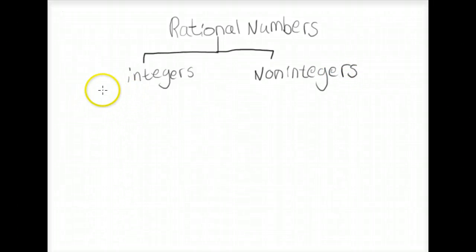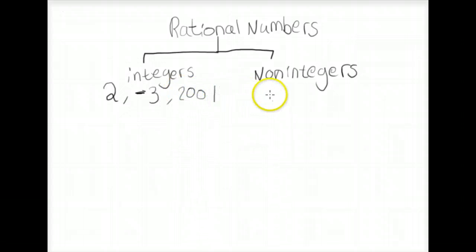An example of a couple integers, I'm sure you're familiar with this, but just any whole number, 2, -3, 2001, and so on. Non-integers, on the other hand, would be fractions, like numbers between integers. For example, 3/4, 1/2, 2/3, and so on.